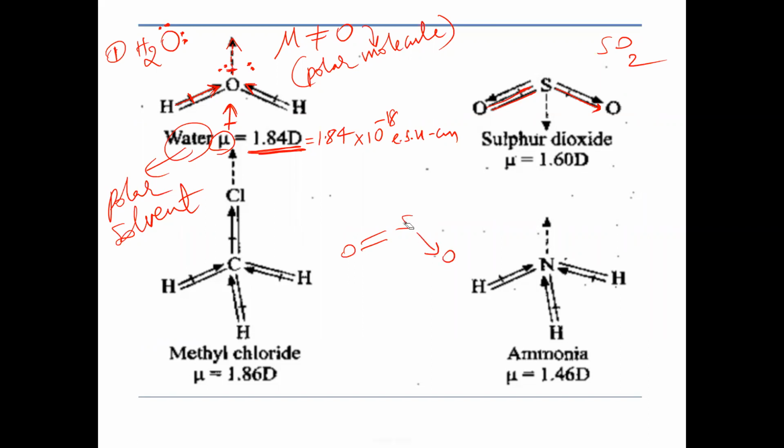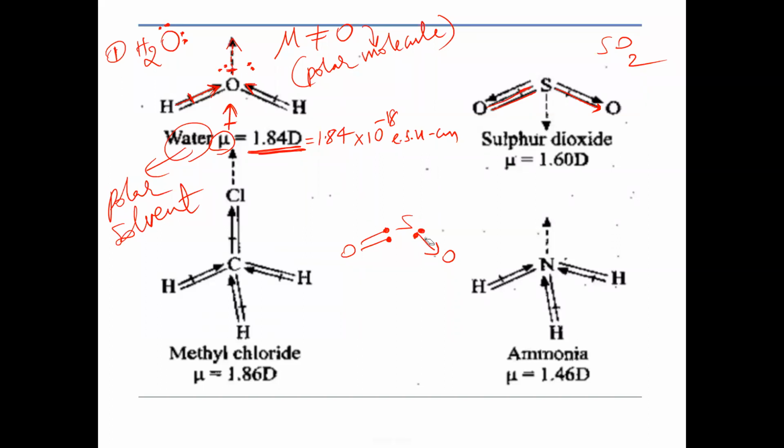Now, sulfur belongs to the 16th group, right? A 16th group element has how many valence electrons? 6 valence electrons. Out of the 6, sulfur has given 1 electron in each bond, and for the dative bond formation sulfur gives 2 electrons.